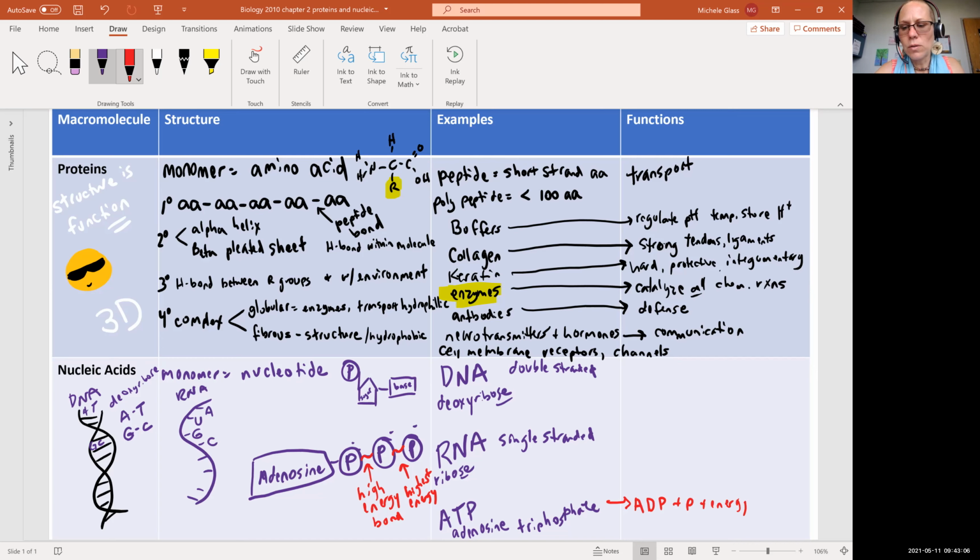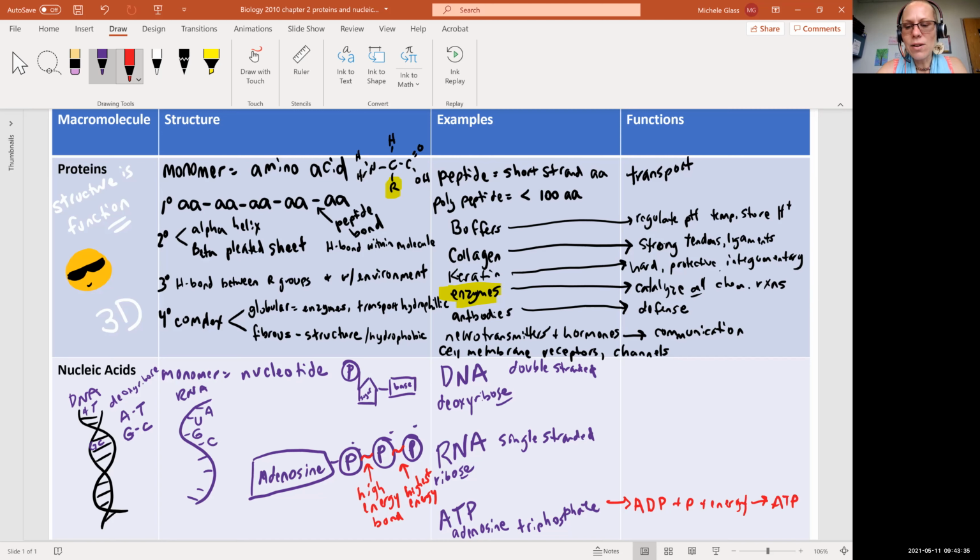So in our reactants on the left side of our equation, we're going to write ADP plus P, phosphate, plus energy, gives us our ATP molecule. So our ATP is our product here. And this would be an example of an endergonic reaction. This is a reaction that requires energy.